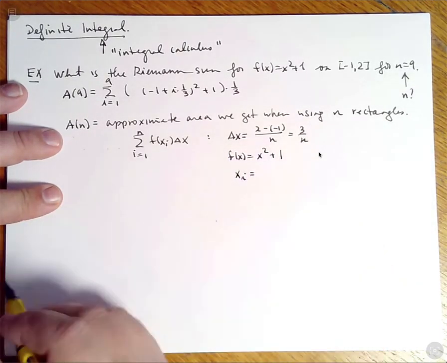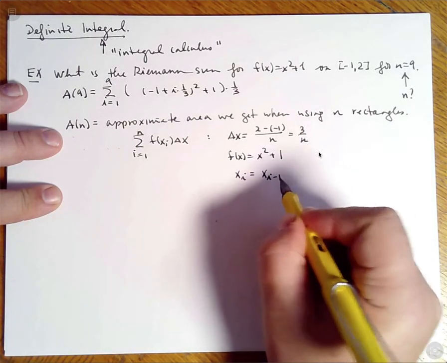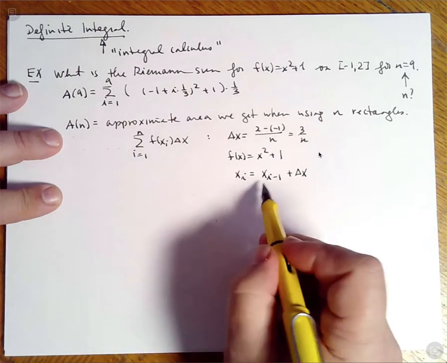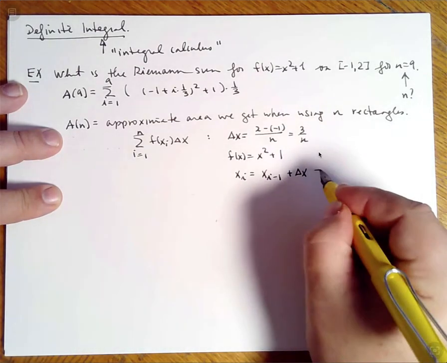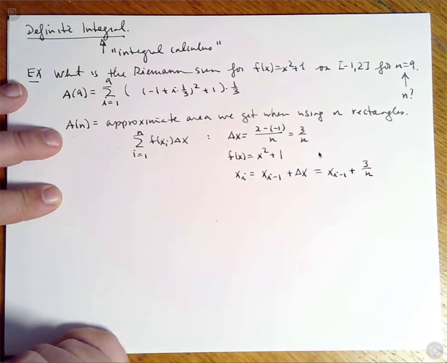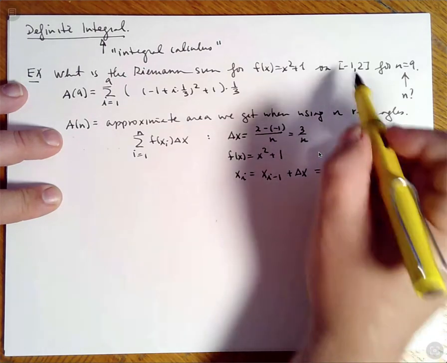Well, these partition points are going to change with n. So it's always the case that one partition point is the previous partition point plus delta x. Now I can trace this all the way back to my leftmost partition point, -1.